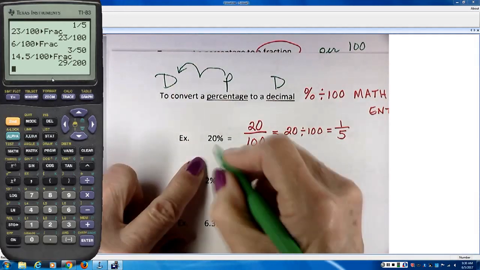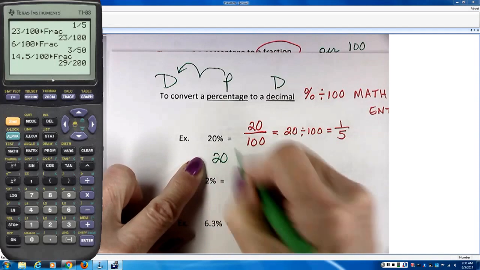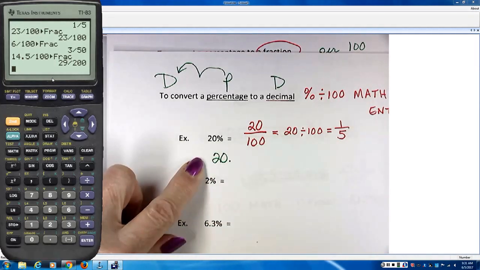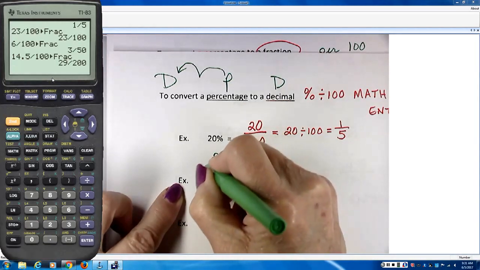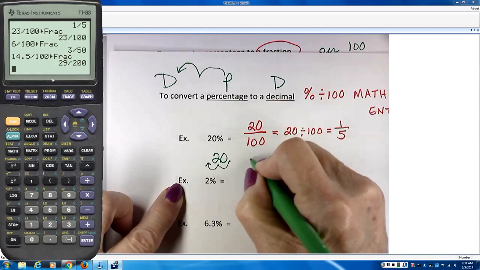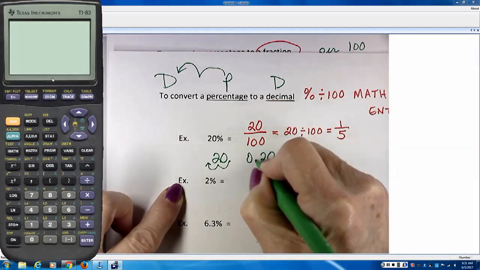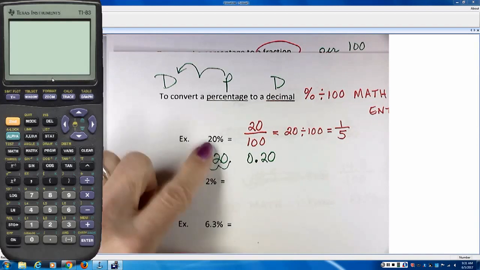So what you do is, if you have 20%, that's 20. Replace the decimal and drop the percent sign. Move 2 places left, and it becomes 0.20. And I did put my 0 in front. So that's percent to decimal.